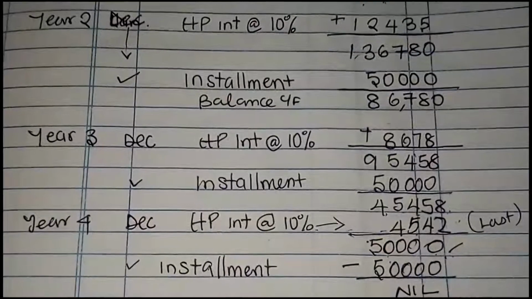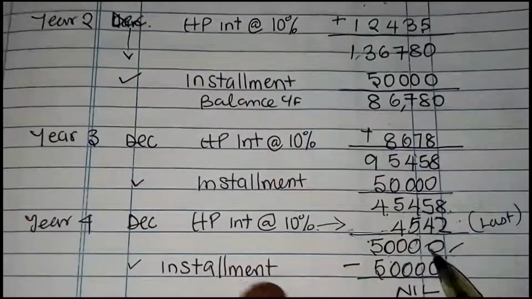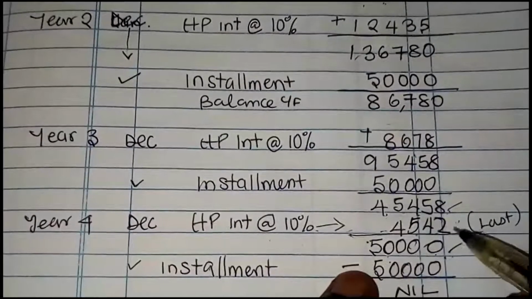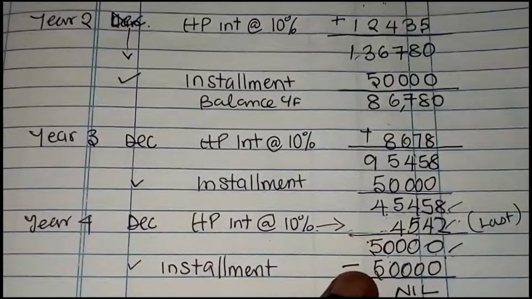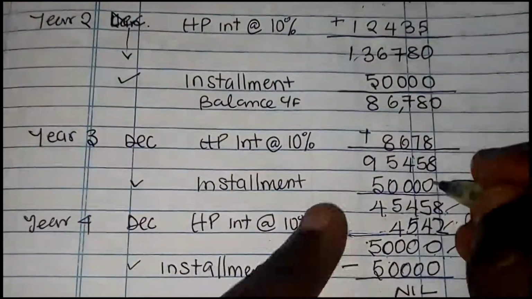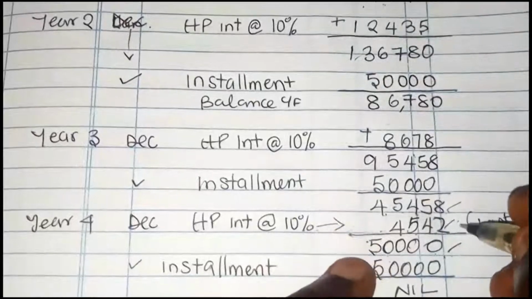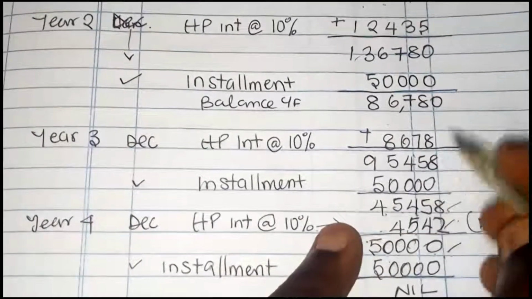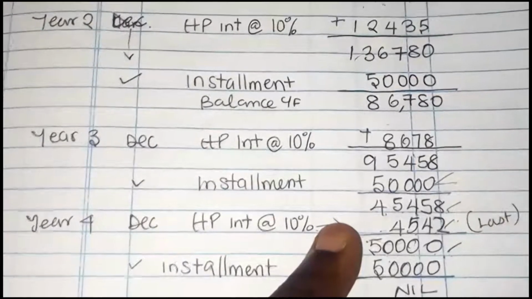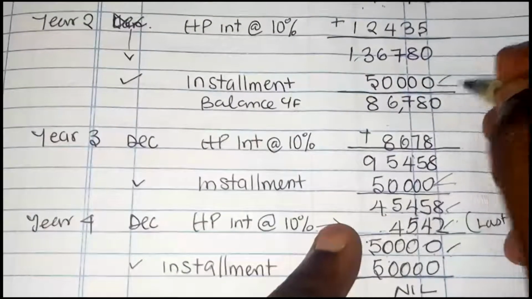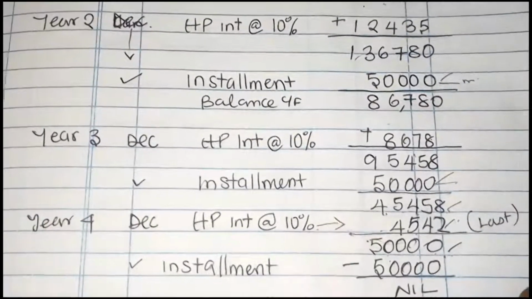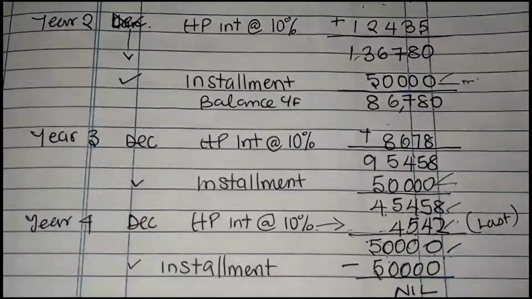I told you, I said installment is part of the balance and hire purchase interest. Any installment paid is part of the balance and hire purchase interest. You understand now? Okay, so that is for that.